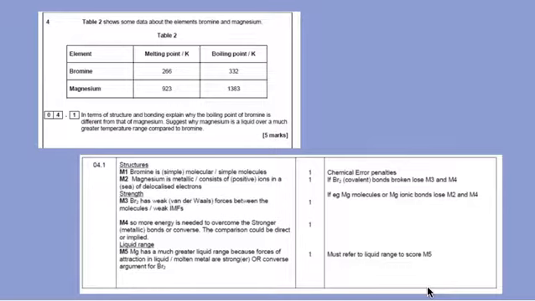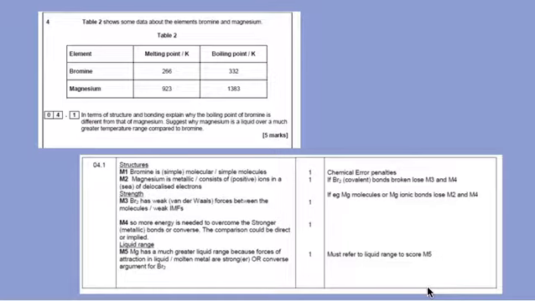If you said that bromine has weak forces between the molecules, or weak intermolecular forces, that's a mark. Then more energy is needed to overcome the strong metallic bond, and the comparison could be direct or implied. So if you said that magnesium has metallic bonding, which is much stronger than the weak intermolecular forces in bromine, that would qualify for Mark 4 and Mark 3.